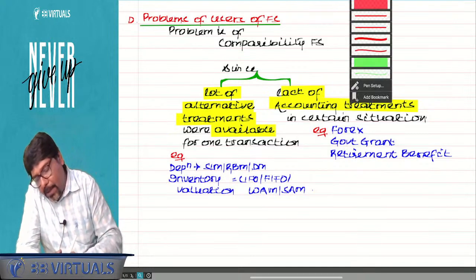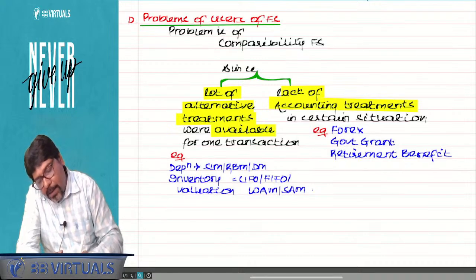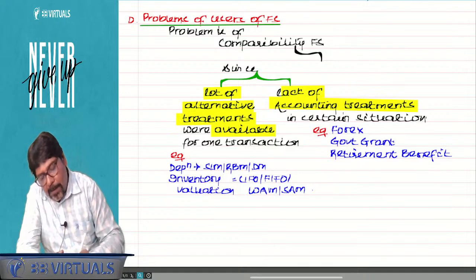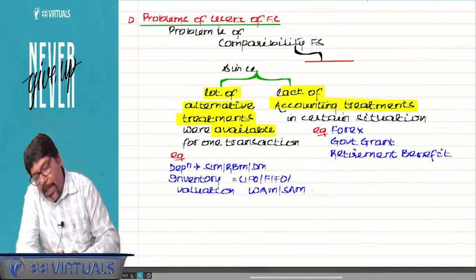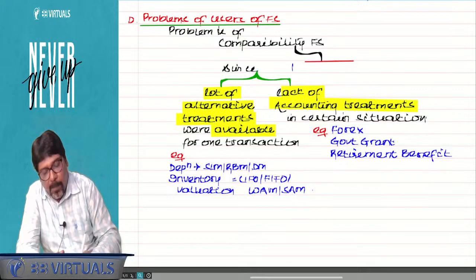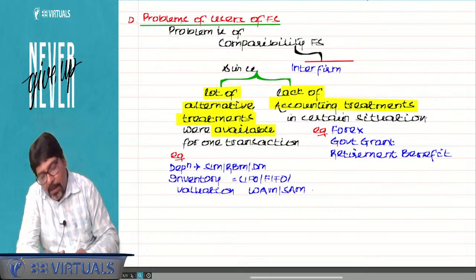When I say comparison, it means inter-firm, Berger and Asian Paints, and intra-firm, within the firm, last year and current year.